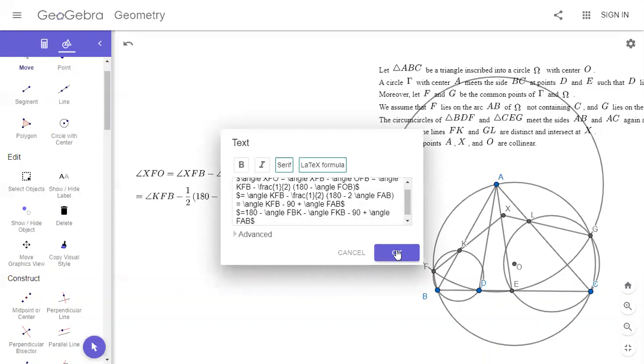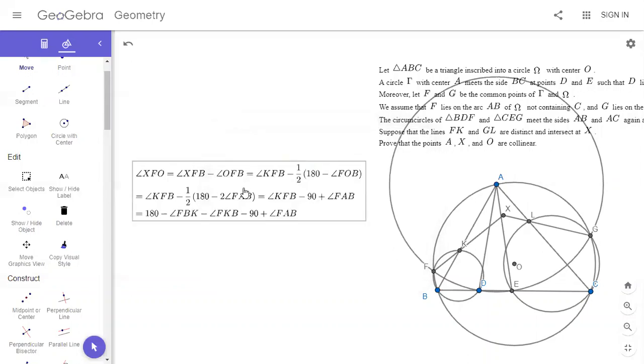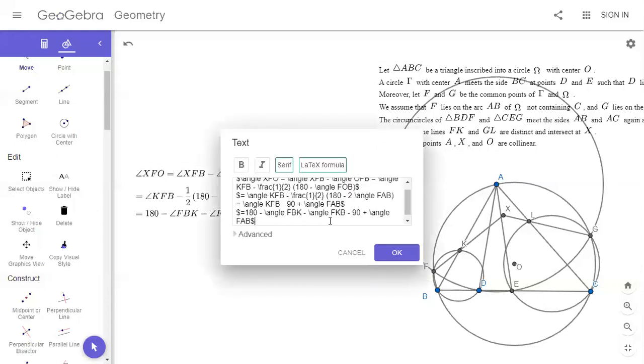Then I'm going to combine the 180 and the 90. So that's BA.